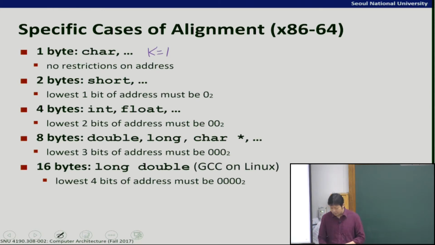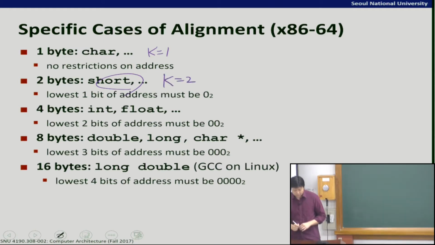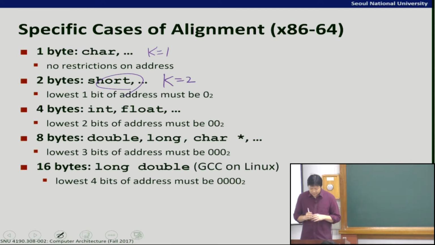But if you have a short variable, that variable must have an address that is a multiple of 2, because in this case k is 2. A multiple of 2 means that the least significant bit, the LSB, of your address must be 0. That's the same thing. A multiple of 2 means it's an even number, so for a binary number to be even, the LSB must be 0.